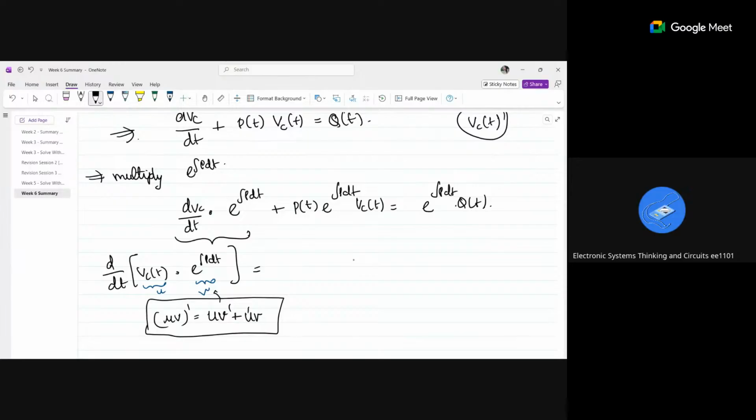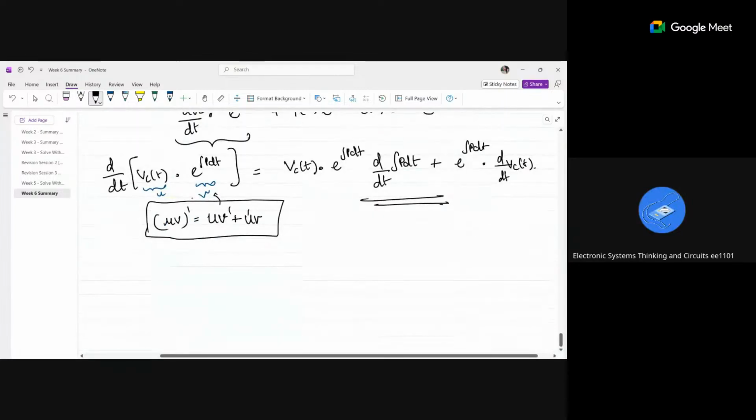And now I'm going to differentiate it. So first I will keep Vc of t as such and I'm going to differentiate this. So it will remain the same. Then this will say d by dt Vc of t. Does anyone have any doubt in this step? No, ma'am.